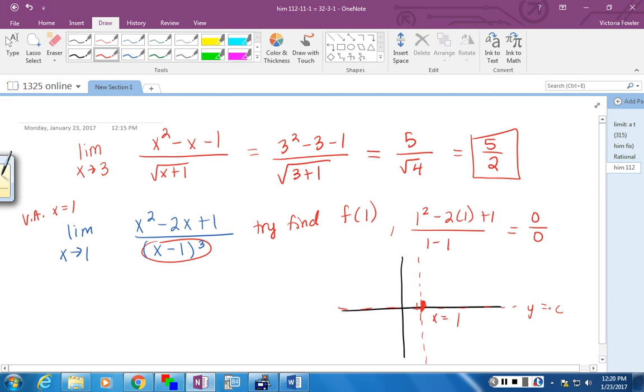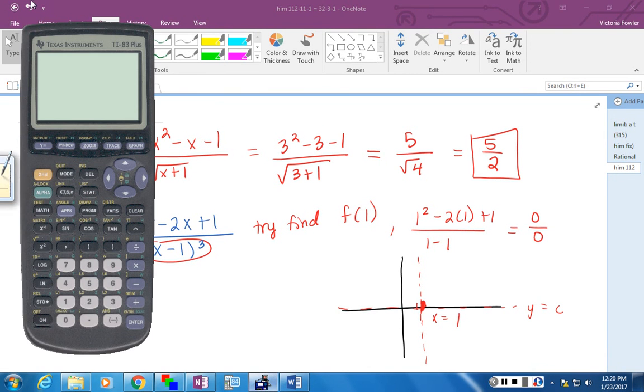Okay, now you pull out your calculator. On this one, I have a TI-83, so let's take a look at this. Make sure you know how to type this in there correctly.